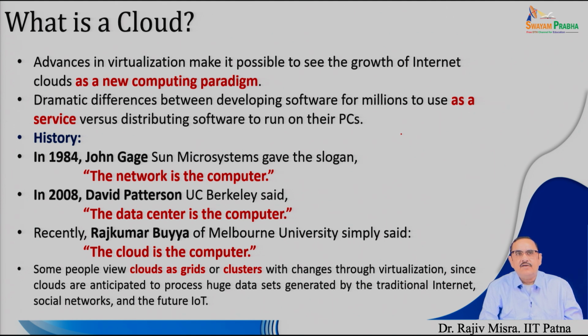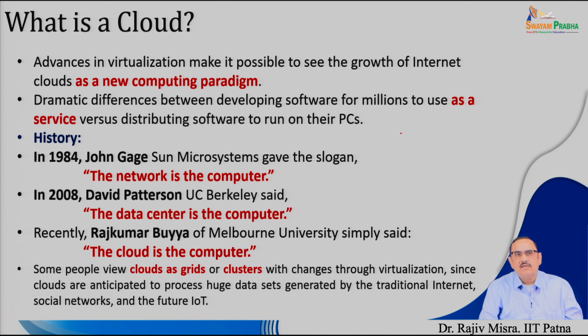So, let us understand what the cloud is. Advances in virtualization make it possible to see the growth of the internet cloud as the new computing paradigm. The dramatic difference between developing software for millions to use as a service versus distributing the software to run on their PCs has created the development of the cloud.